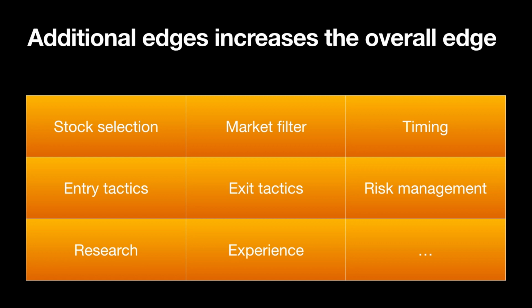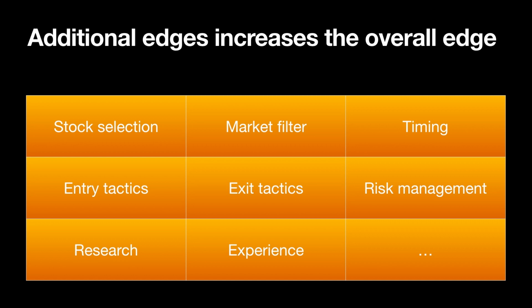Then you can apply, for example, stock selection criteria. You only look at a handful of stocks. You can apply market filters. So you can say, okay, I only trade stocks in a trend when the general trend of the market is up.